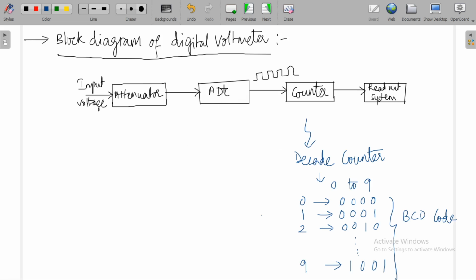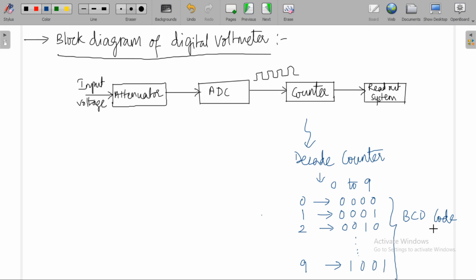Okay, this ADC will convert analog signal into digital signal, that is, it is generating digital pulses like this. This counter will count the number of pulses. If the number of pulses is equal to 0, it will produce 0000, that is BCD code.